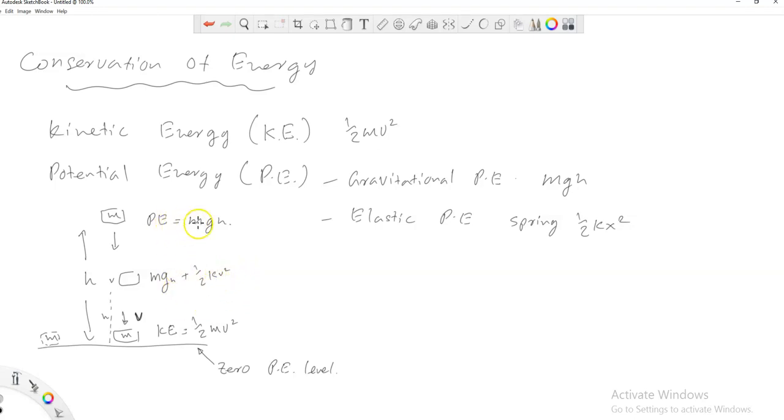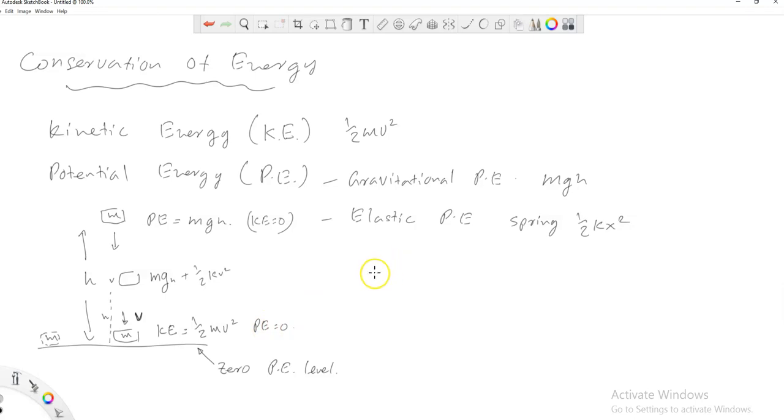So up here it's all potential. Kinetic energy was 0 because it wasn't moving. Somewhere in between, it has both potential and kinetic. Just before hitting the ground, just before reaching the 0 potential energy level, all it has is kinetic energy. Now potential energy is 0.